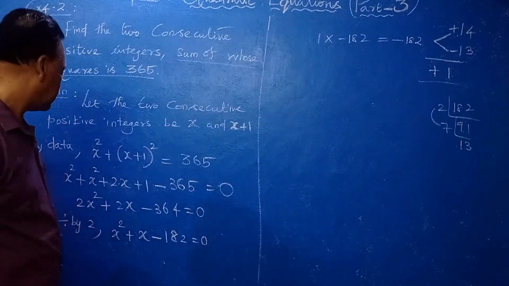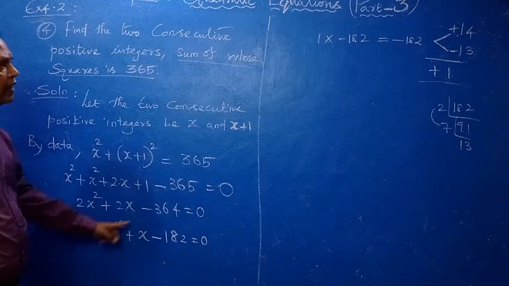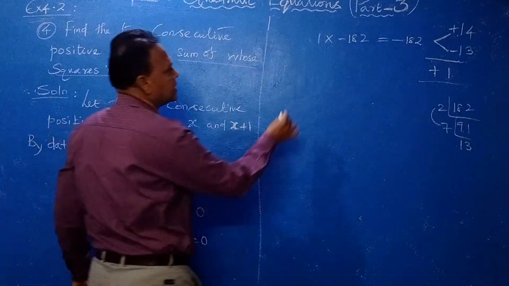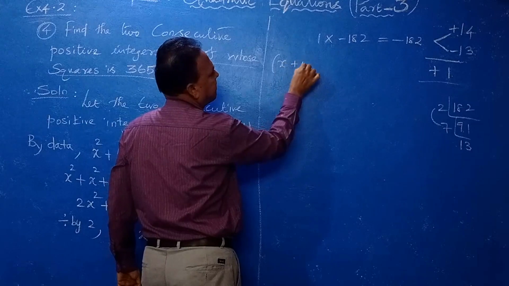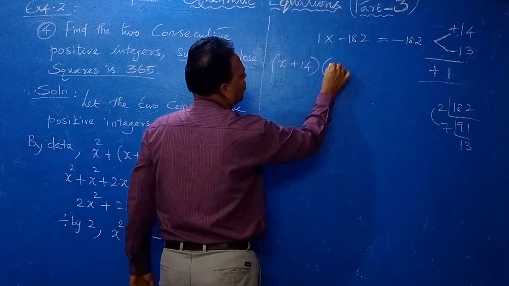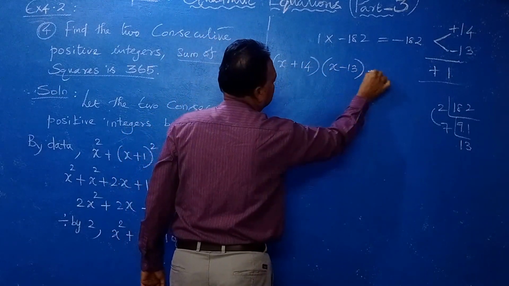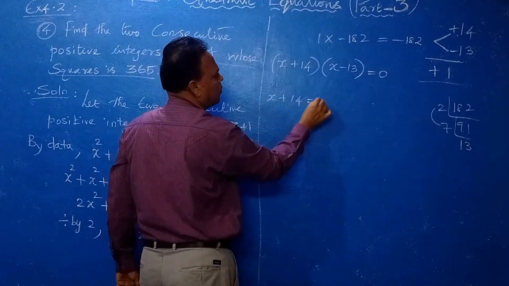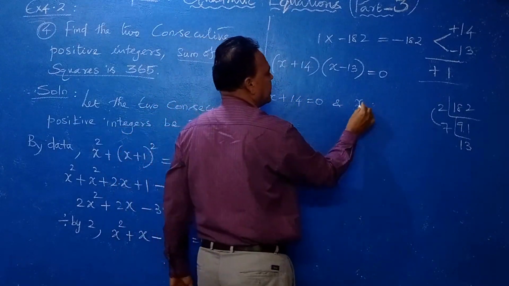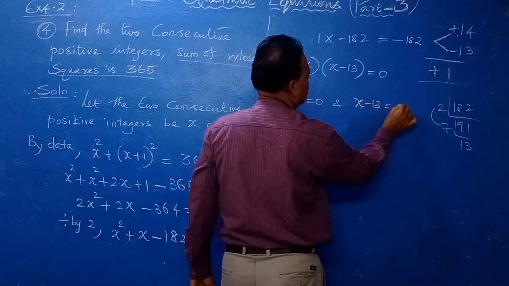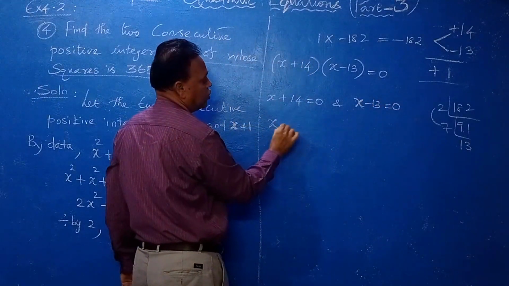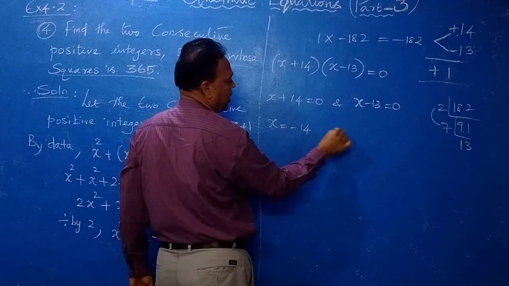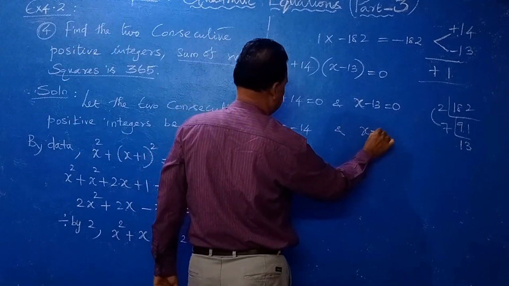Now when the x squared coefficient is 1, then straight away you write the factors. That means x plus 14 into x minus 13 equal to 0. Now here x plus 14 equal to 0 and x minus 13 equal to 0. X is equal to minus 14 and x equal to 13.